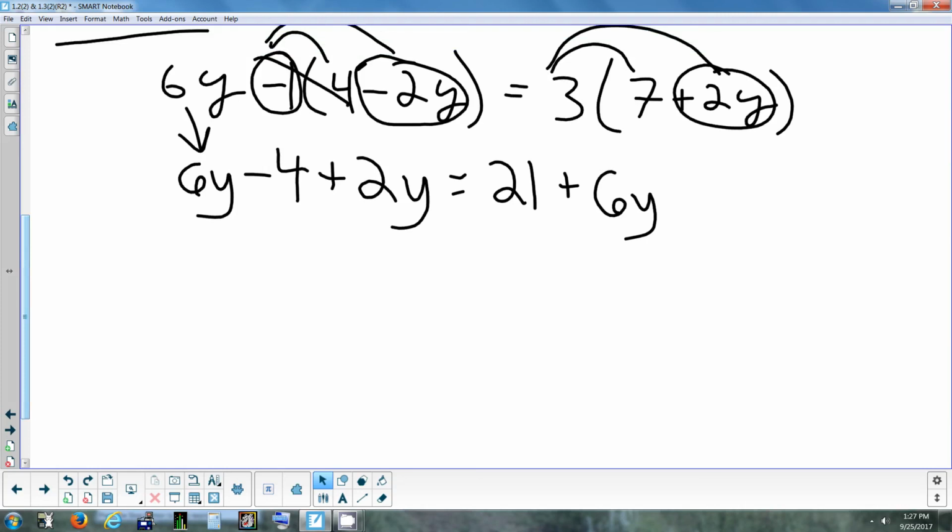Tell me the sign too, please. Positive 6y plus positive 6y and positive 2y. Positive 6y, positive 2y. Same sign. All right? They're the same sign. So, Connor, positive 6y, positive 2y. What do I get?